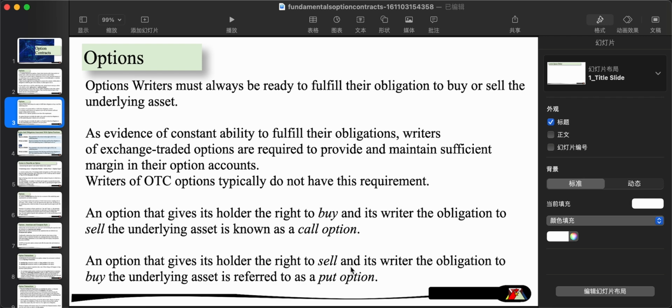It is the insurer's obligation to fulfill that duty, because you have purchased the insurance service via the option premium.